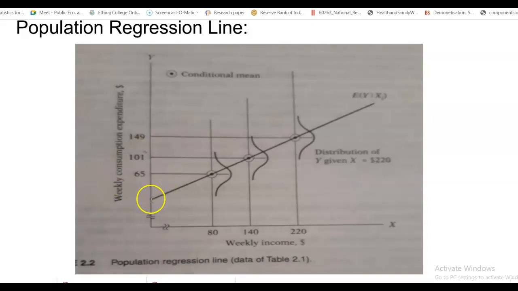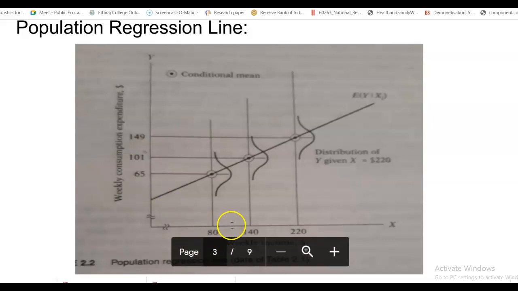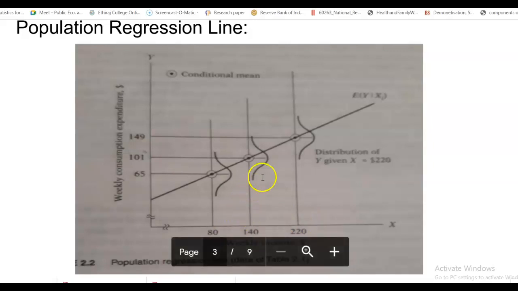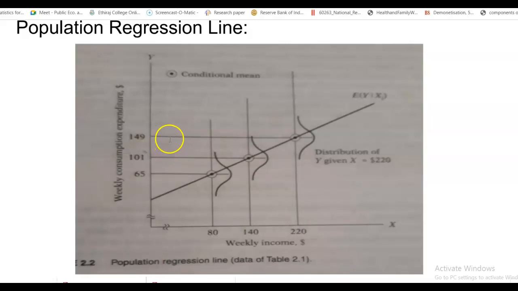And as the x value changes, when the income increases from 80 to 140, and then further to $220, what is the change in the consumption expenditure that is observed? This is determined by the slope coefficient value.